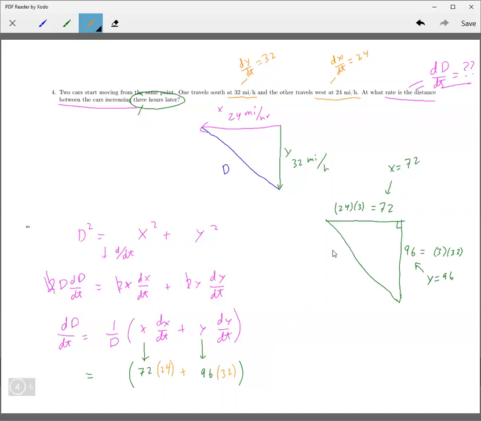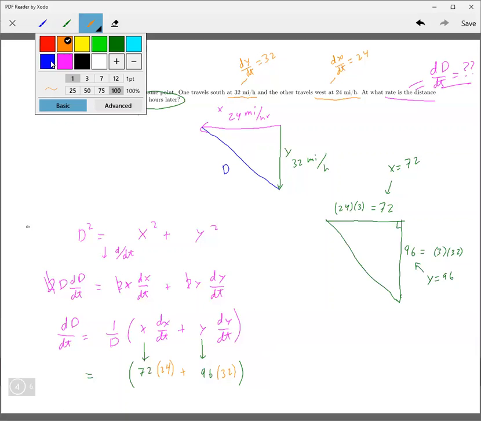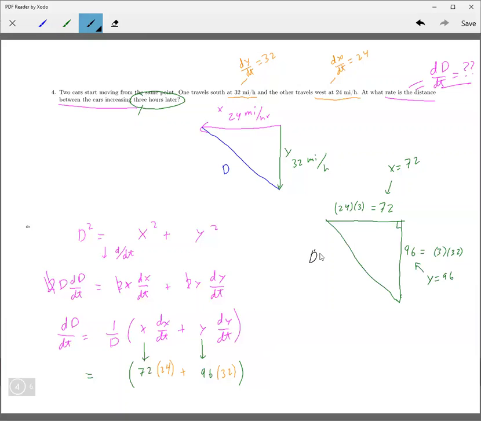Okay. And then finally, the distance. Okay, so d squared is going to be 72 squared plus 96 squared. Or d will be the square root of 72 squared plus 96 squared. Let me see if I can figure that out really quickly with my calculator.